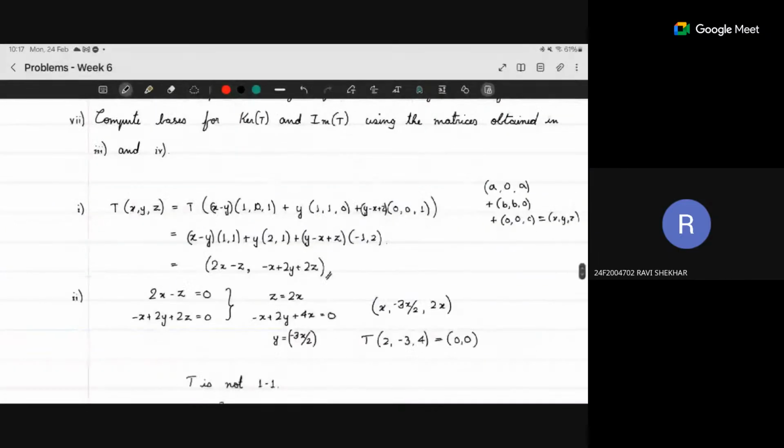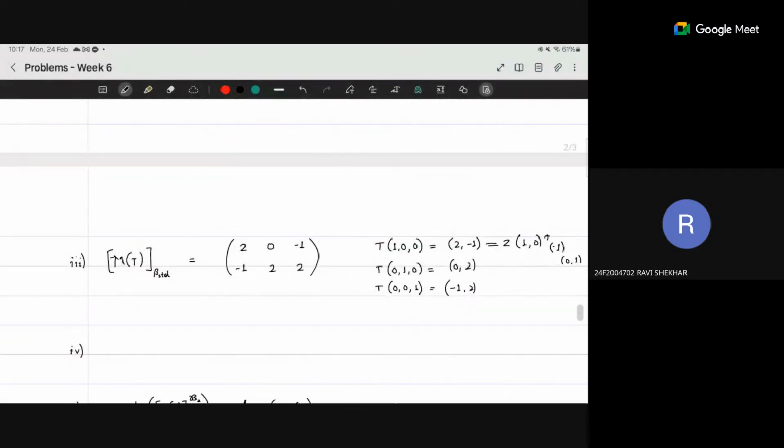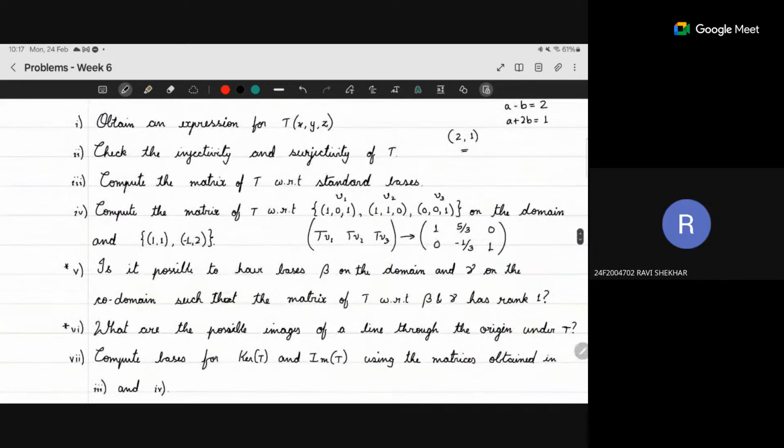If one of the matrix representations has rank 2, then any matrix representation will have rank 2. In this case, we saw that in the standard basis representation, the rank is 2. So any other basis you use, the matrix representation will have rank 2. So for this particular example, rank 1 is not possible. Yes, sir. Minimum rank will be 2.